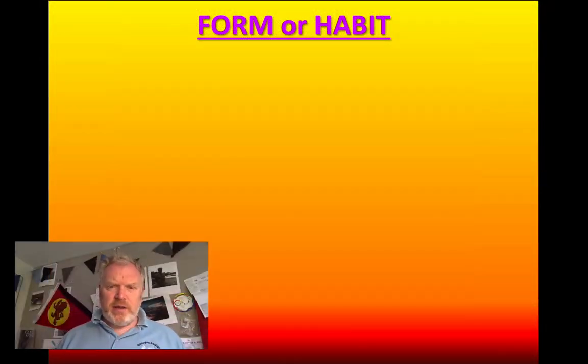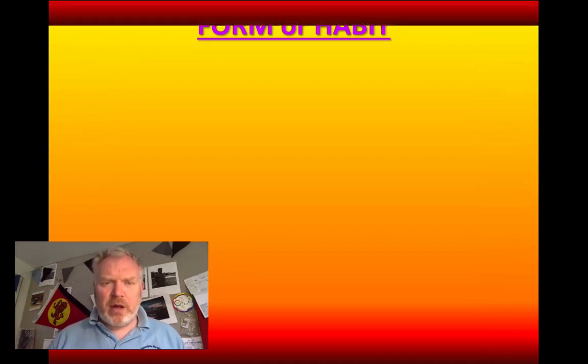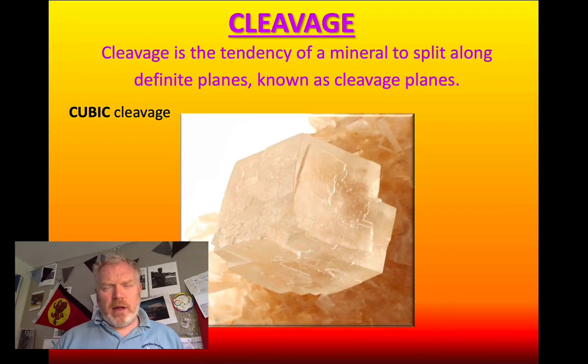The second way minerals may be shaped is how they break apart. And where we see a regular pattern of minerals breaking apart, it's because there's a weakness in the way the elements are put together within the mineral. This can be really distinctive.